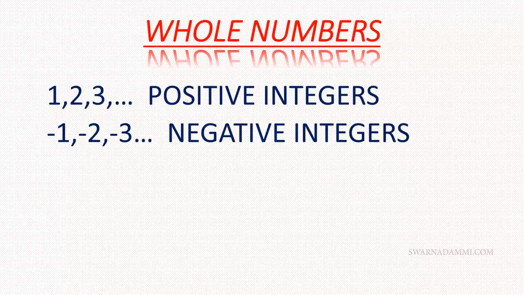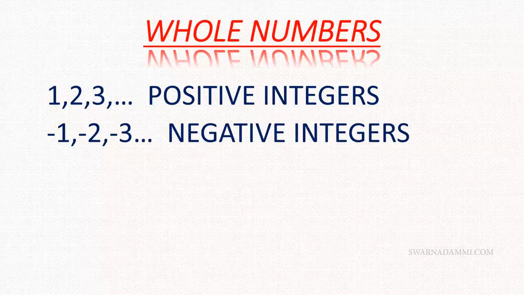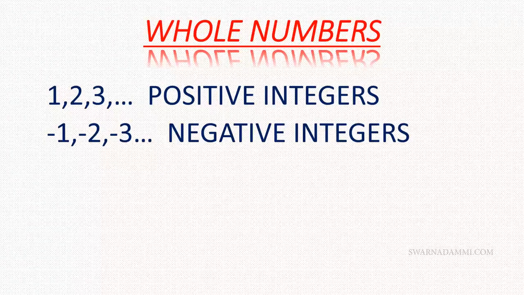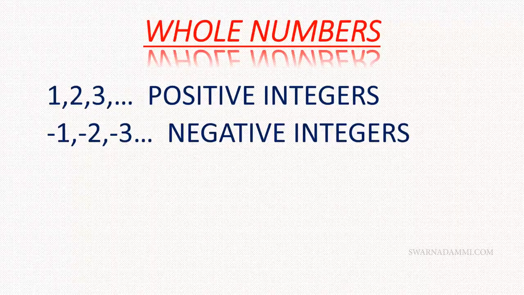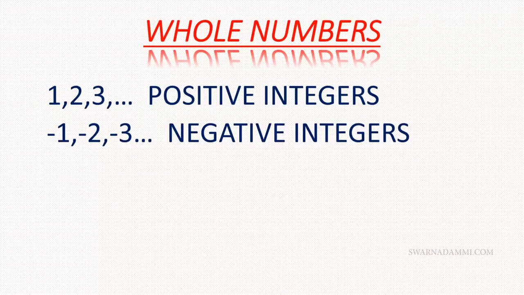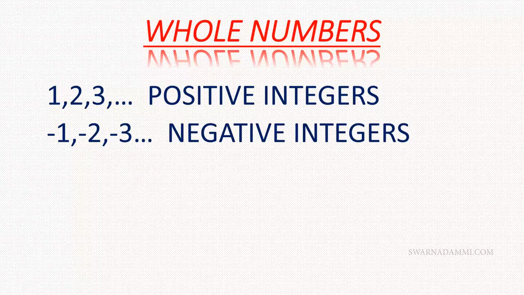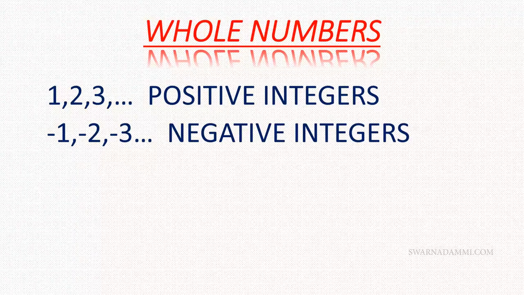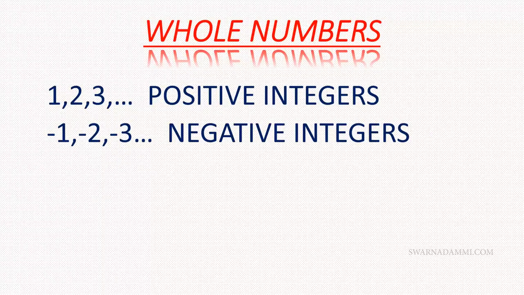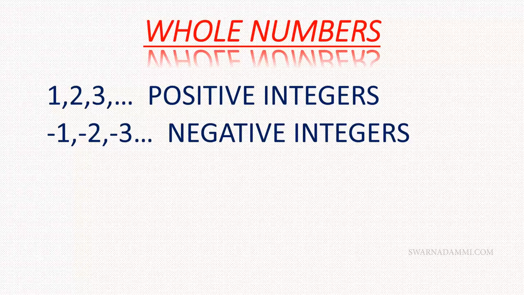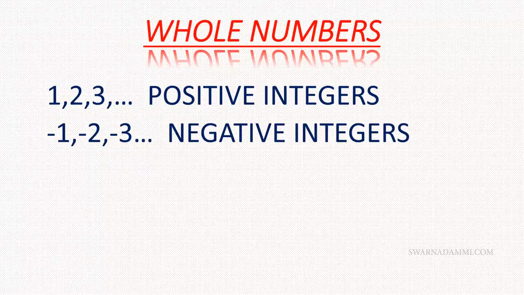Before start the key terms of sets, I need to say a few words about the number system. Whole numbers such as 1, 2, 3 are called positive integers. These are the numbers most frequently used in counting. And their negative counterparts -1, -2, -3 are called negative integers.